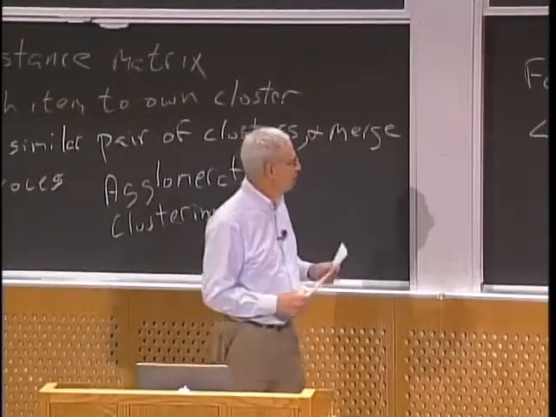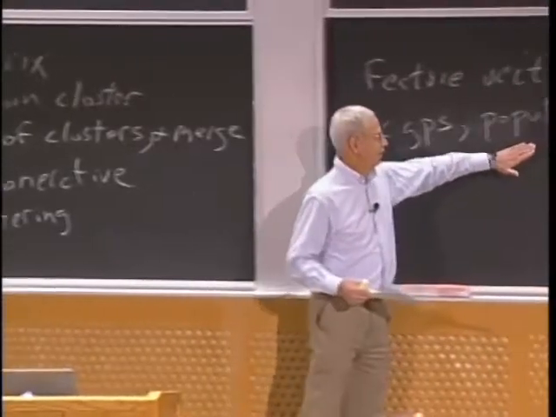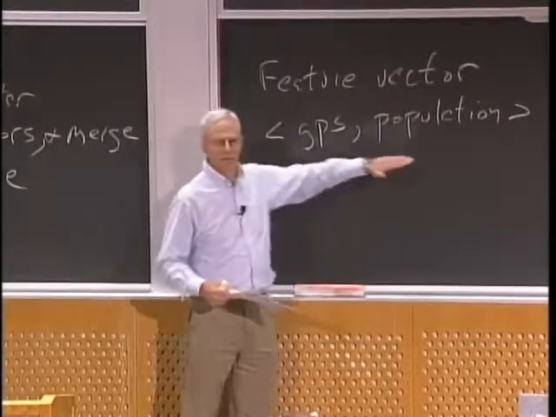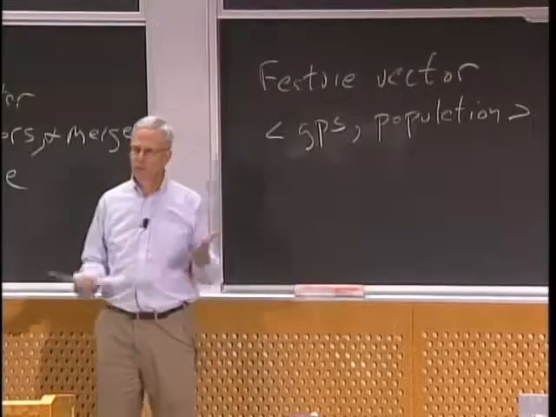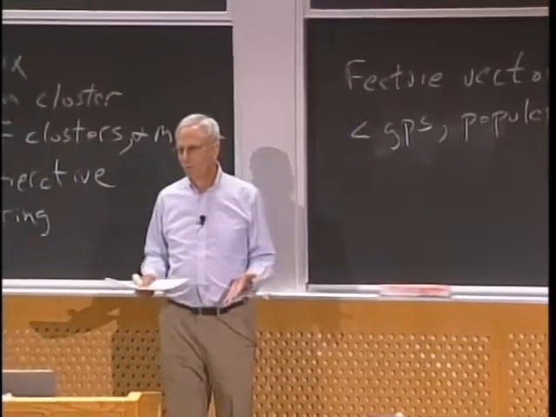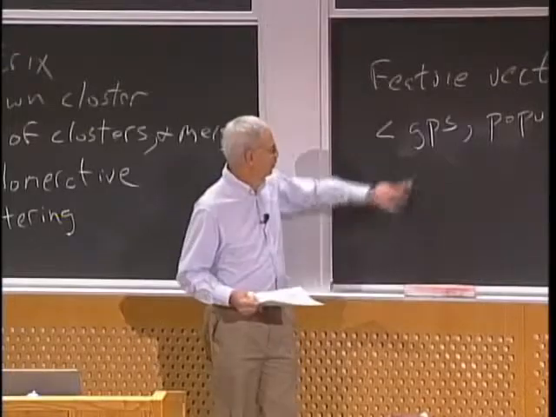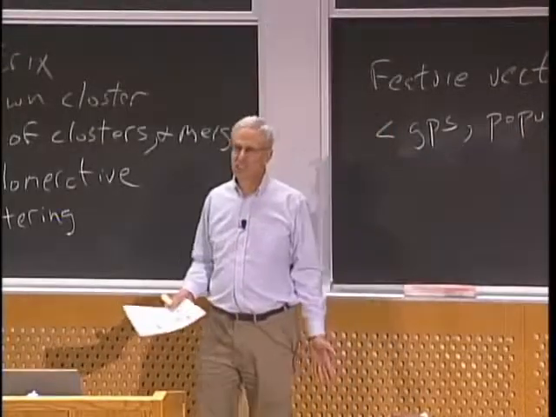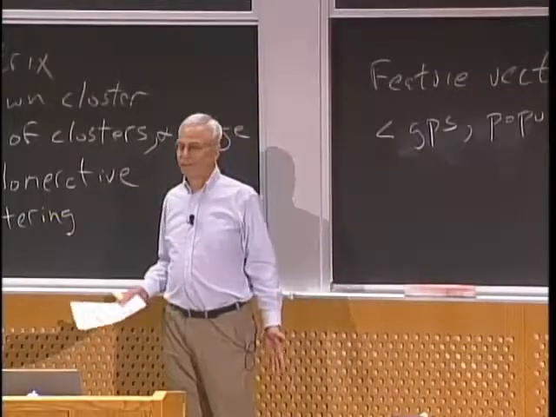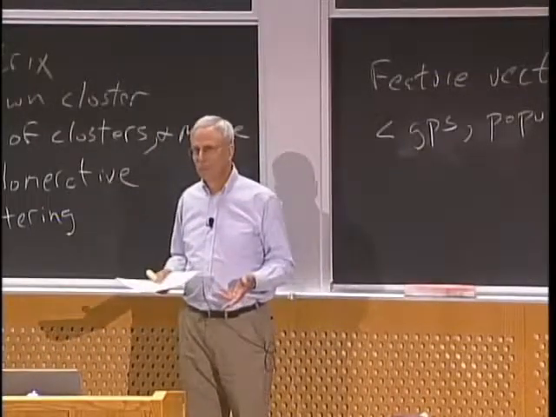Well, it's a little bit complicated. I have to ask, how do I compare feature vectors? What distance metric do I use there? Do I get confused that GPS coordinates and populations are essentially unrelated, and I wouldn't like to compare those to each other?